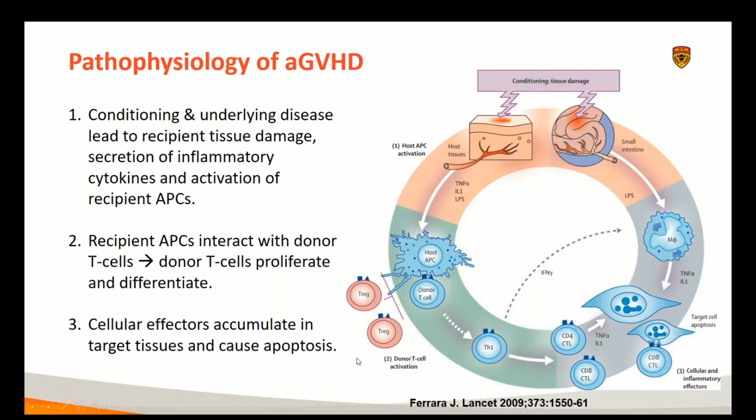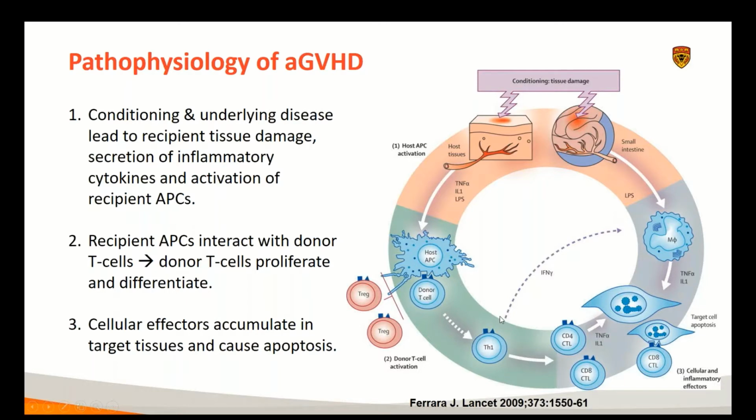And you see that down here in number 2, donor T cell activation. These donor T cells with this inflammatory milieu will proliferate and differentiate. And then these cellular effectors, mostly T cells, but also NK cells, will accumulate in target tissues and cause apoptosis.